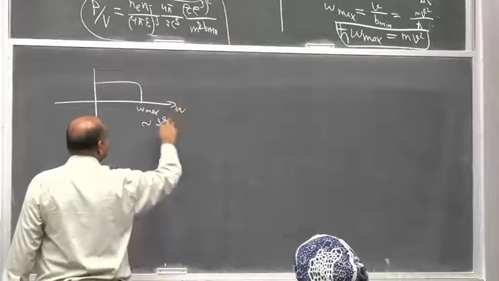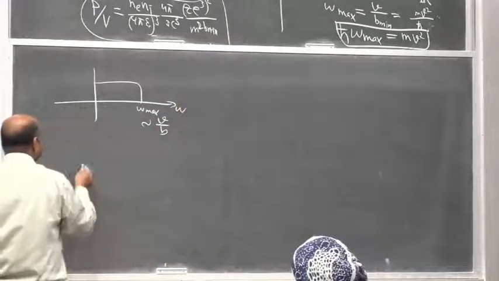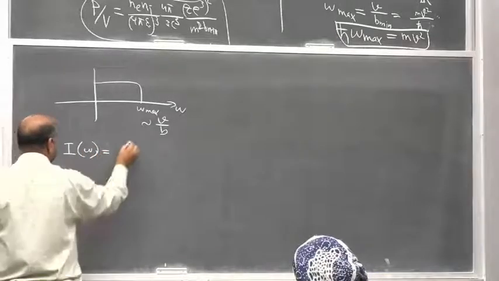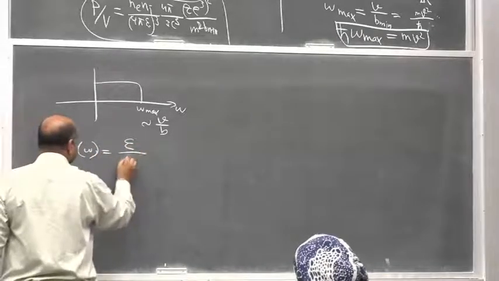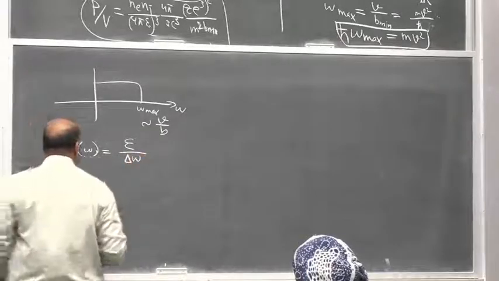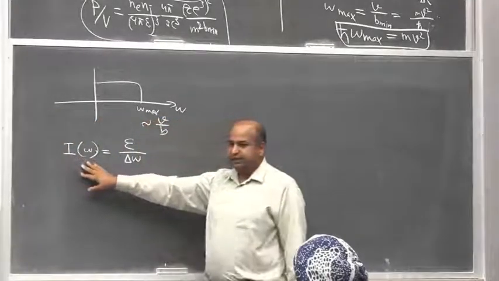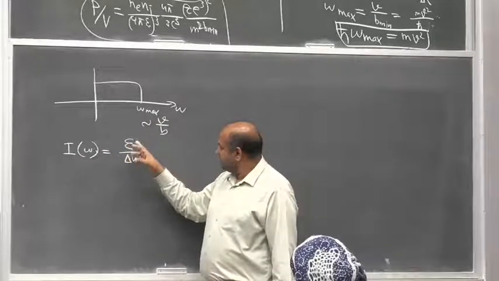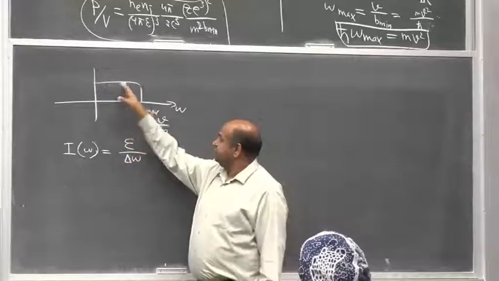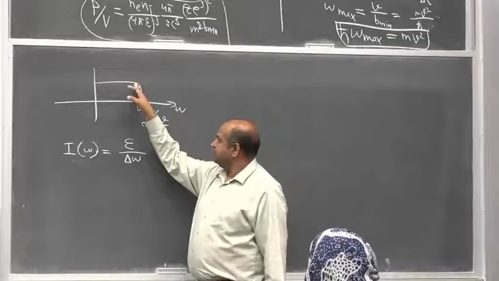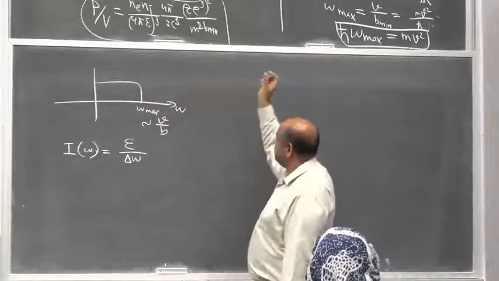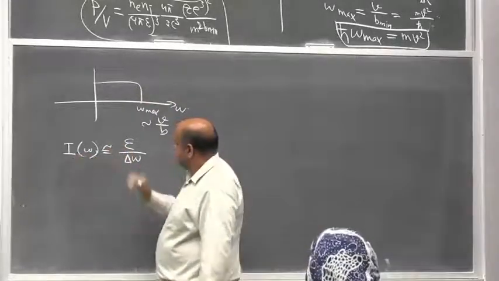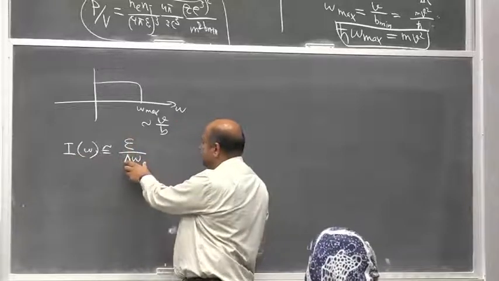Delta t is b over v, so this is v over b, and the intensity can be approximated as total energy emitted per unit frequency. So the radiation intensity है, this is total energy divided by the frequency width, and if we assume that this is roughly a flat spectrum, which is the case because delta t is small, so we can approximate the radiation intensity as total energy per unit frequency.